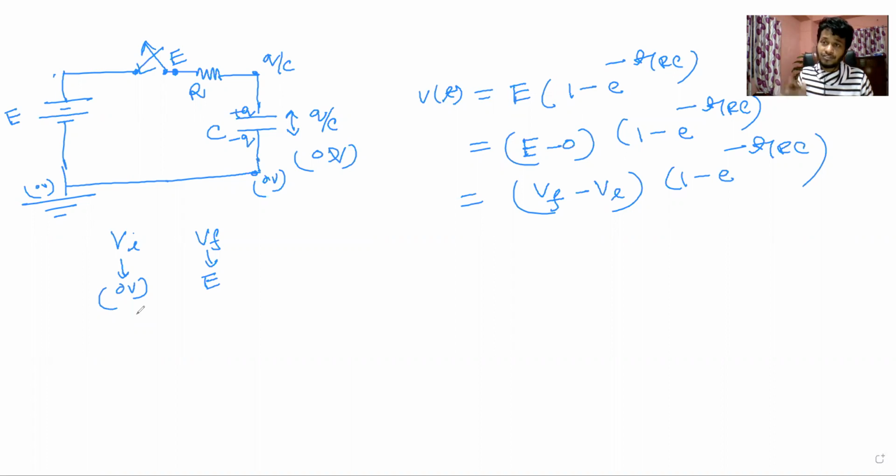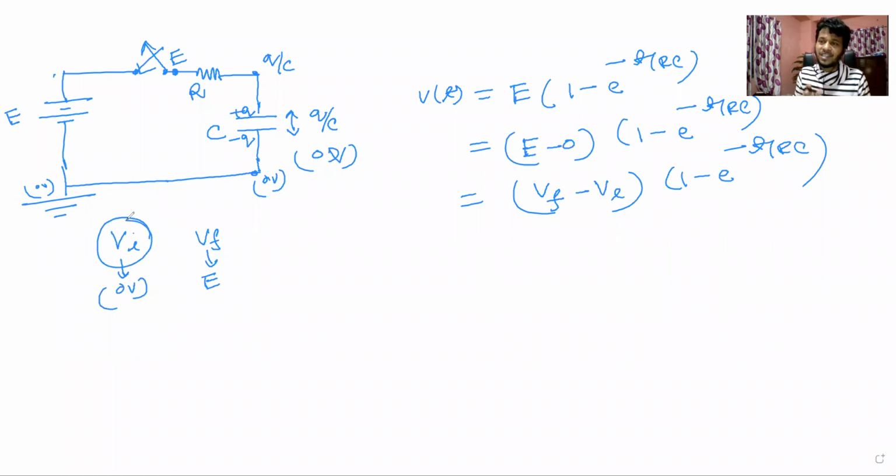If we consider that our capacitor had no charge initially, fine. But if we consider that the capacitor had charge Qi, then of course there will be some initial voltage in the capacitor, isn't it? And that voltage is represented by Vi.